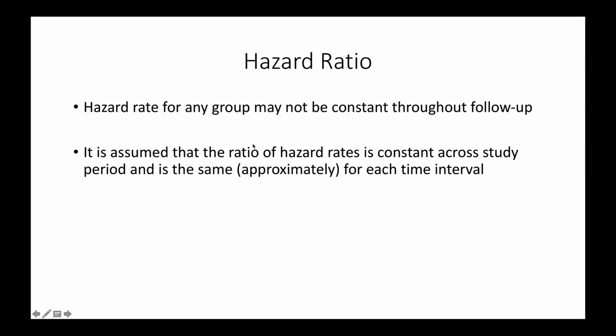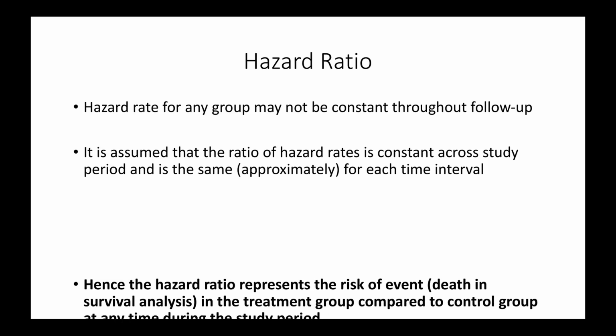However, it's assumed that the ratio of hazard rates between treatment and control group is constant across the study period and is approximately the same for each time interval, which is why we can take the ratio of these hazards to be our estimates of the effect of a treatment in the hazard group, or the impact of this treatment on these hazard ratios.